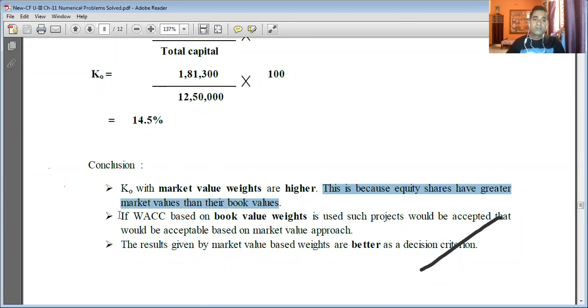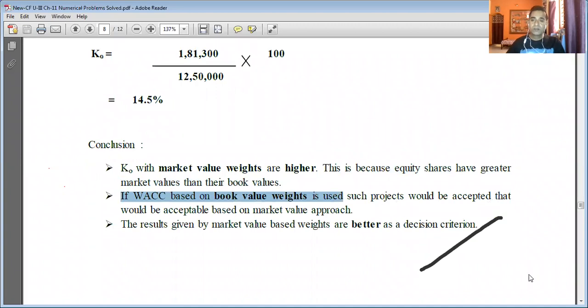If the weighted average cost of capital based on book value weights is used, such projects would be accepted, which would not be acceptable under the market value approach, because the weighted average cost of capital using book value weights will be lower than that computed using market value weights.